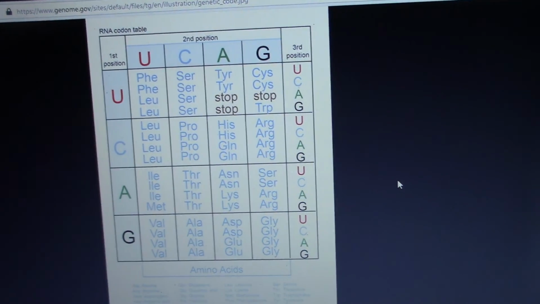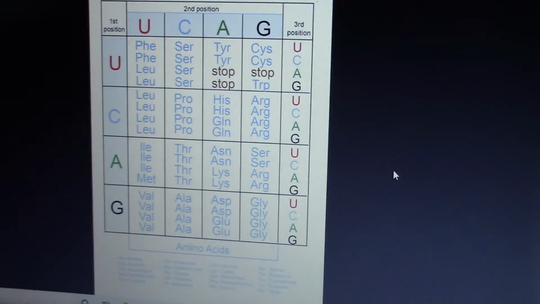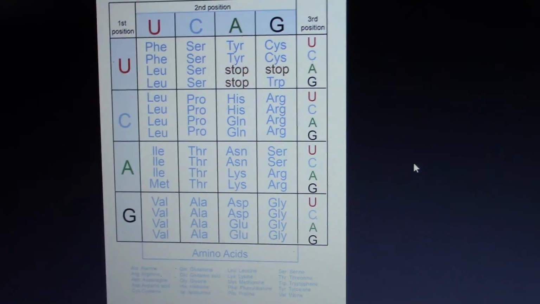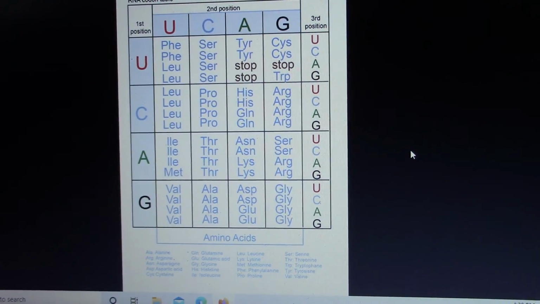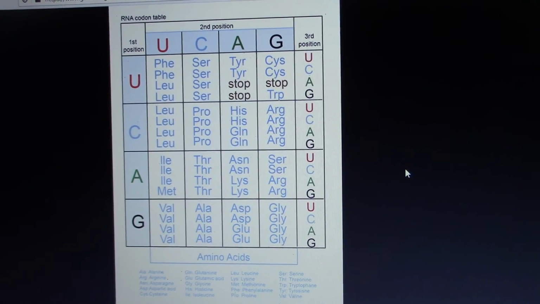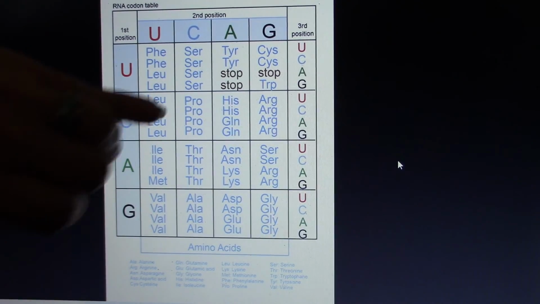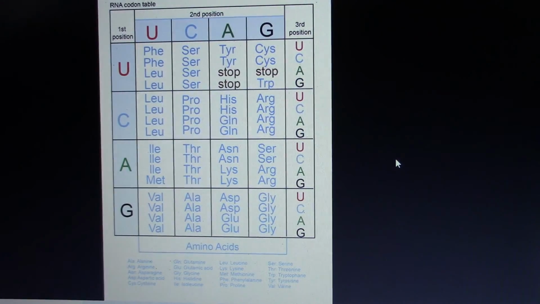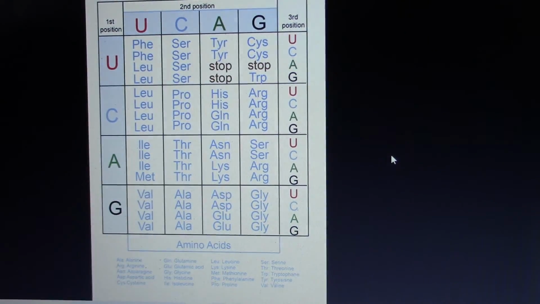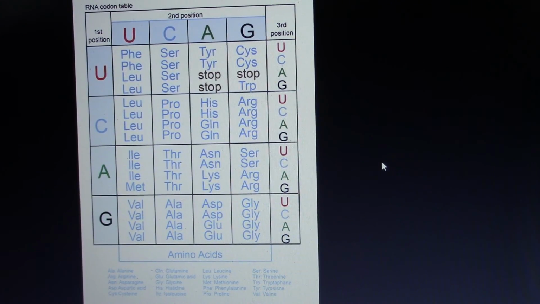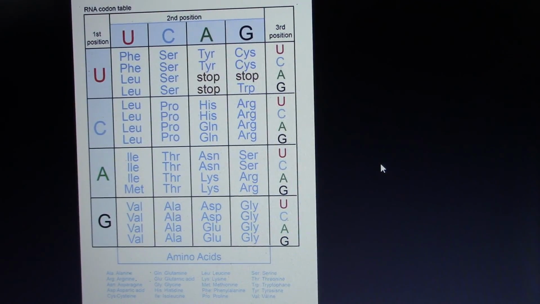This is the universal genetic code. That is the universal genetic code that you see there. And all of these in here are codons. So these are the different sets of 3 that we could see on our messenger RNA.